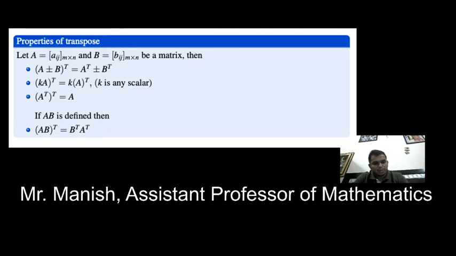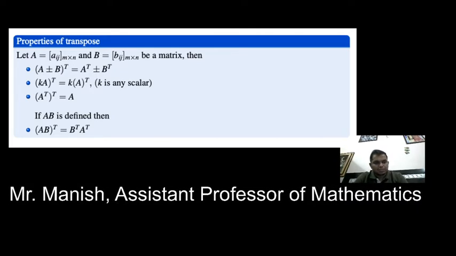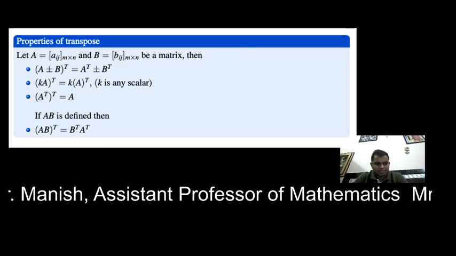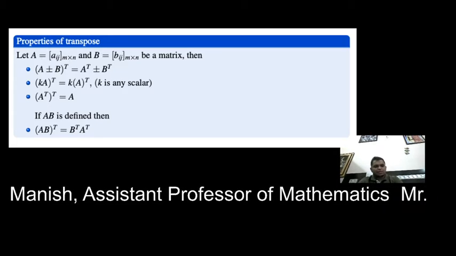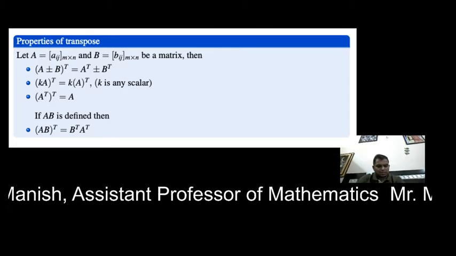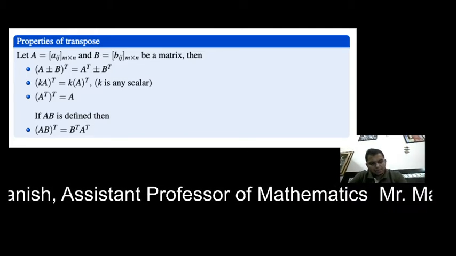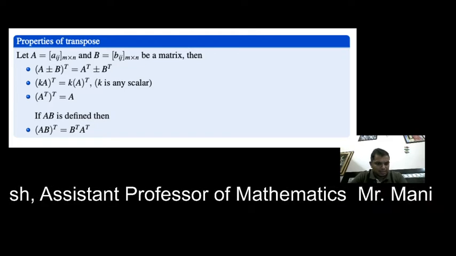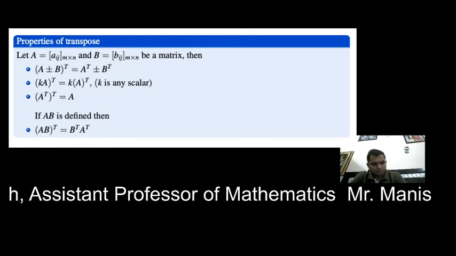And there are some properties of transpose. (A plus B) transpose equals A transpose plus B transpose. Similarly in the case of subtraction. If you multiply a scalar k with a matrix, (kA) transpose will be equal to k times A transpose, as k comes outside.